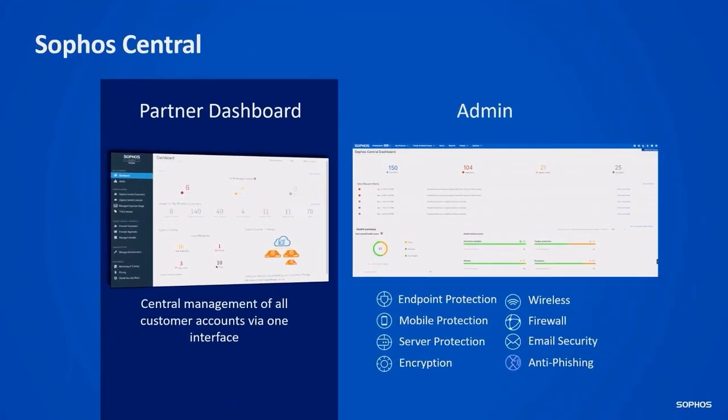But the other pane of glass on the right there is the central admin. This is the individual console for each unique customer, what we call an admin or a central admin. Now, as an MSP Flex partner, if your customer is monthly, you will automatically have full ownership and single sign-on access to this central admin to manage it for your customer.